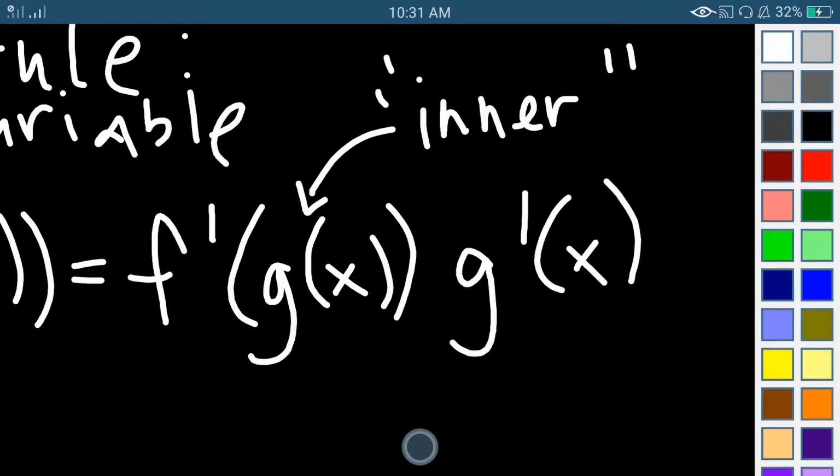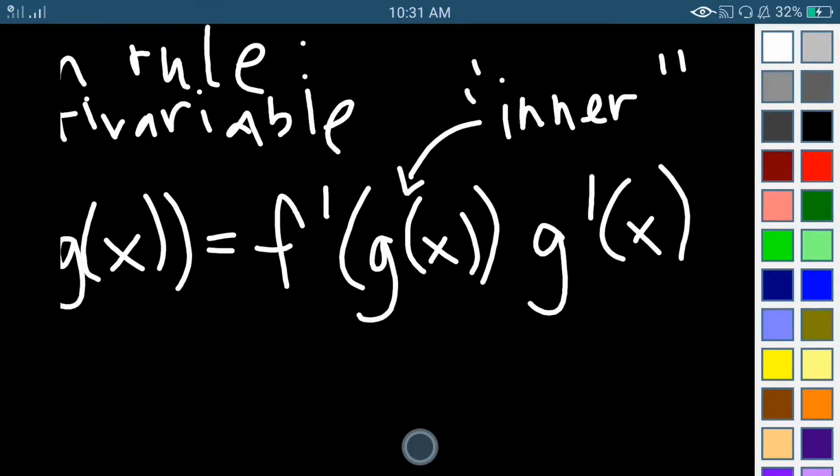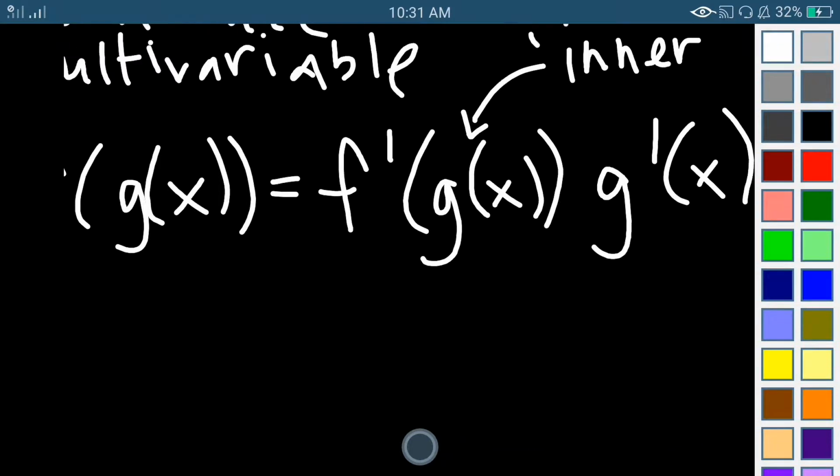So you have to differentiate g of x as well.